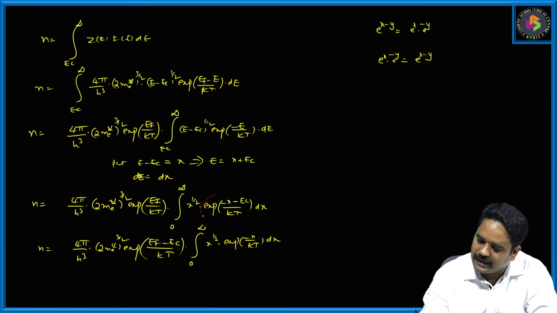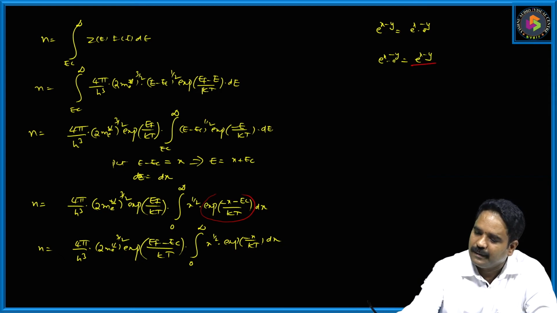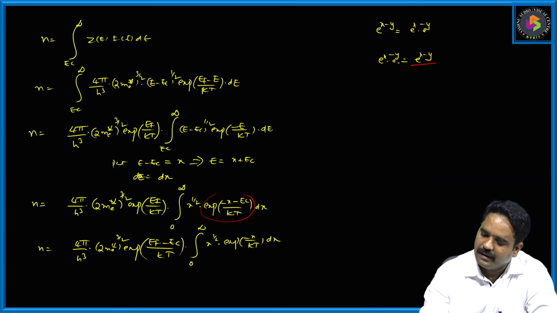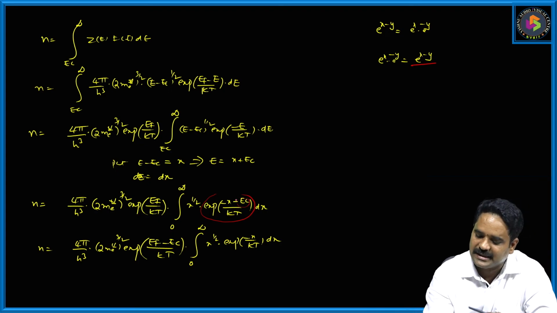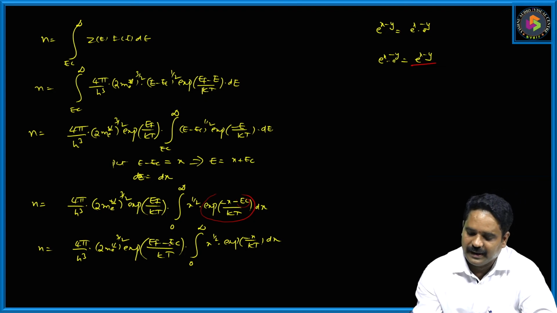Here this term can be written as e to the power of x into e to the power of minus y, and this Ec by kT can be taken out because it is a constant and the term added here. Right, so we can write like this.